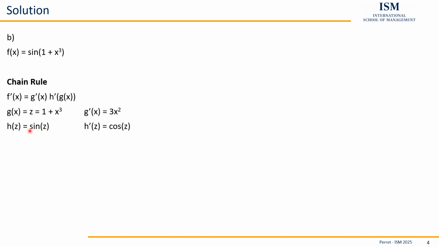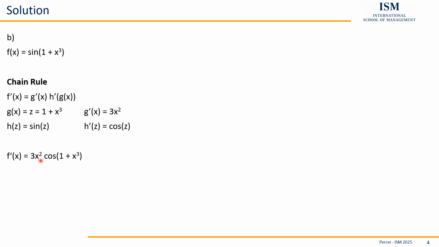So as outer function we take sinus of z, and the derivative of sinus is cosinus. Then I can build my derivative by taking the derivative of the inner function, 3x squared, times the derivative of the outer function, cosinus of the original inner function 1 plus x to the power of 3. So much for the first derivative.